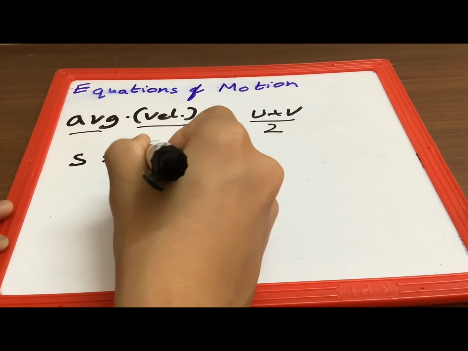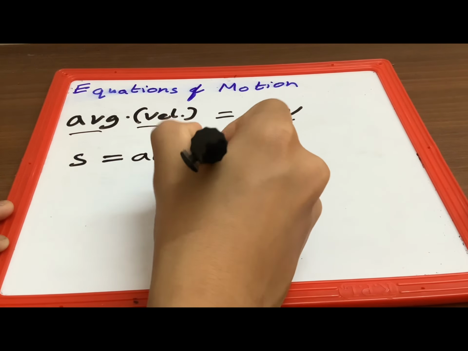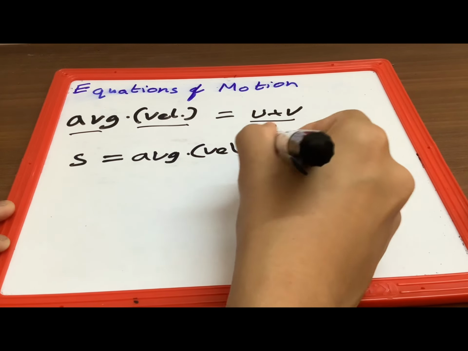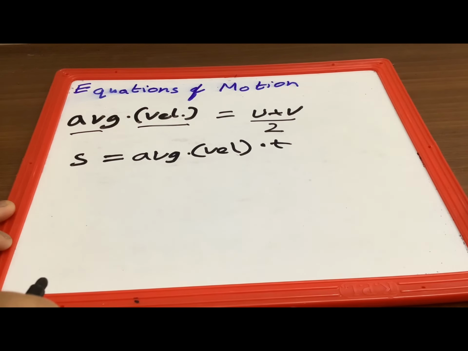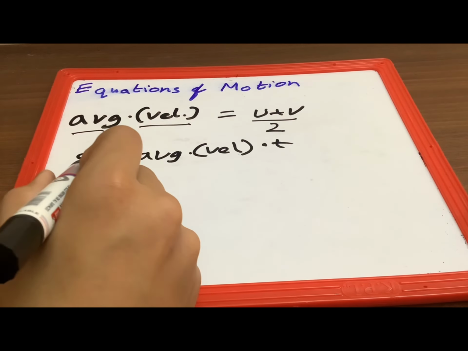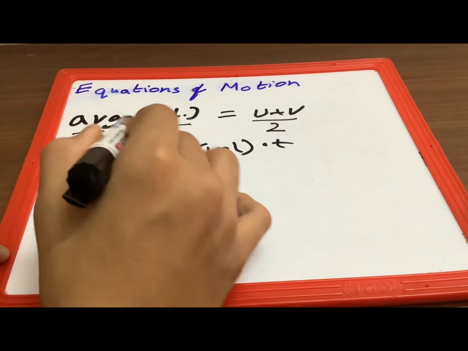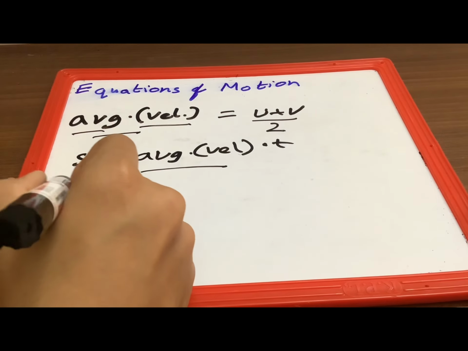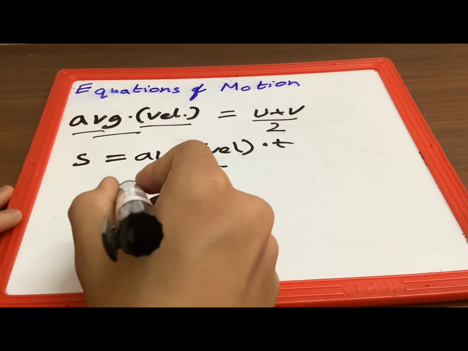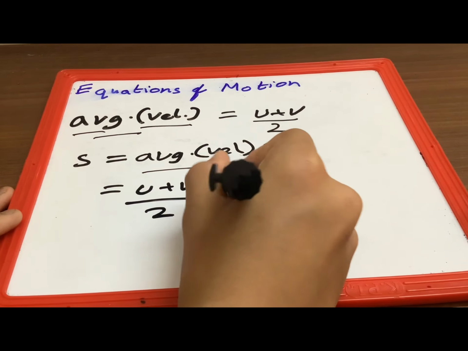Displacement is average velocity into time. Now, substituting, we get displacement equal to u plus v over 2 into t.